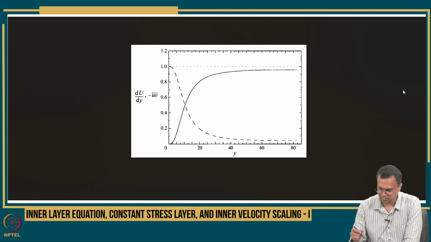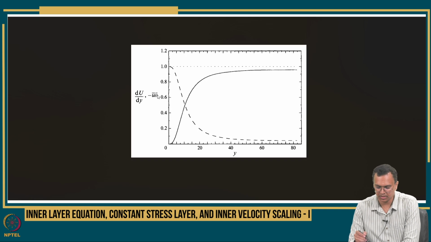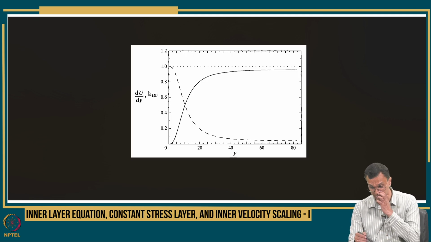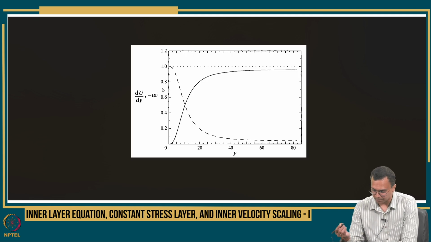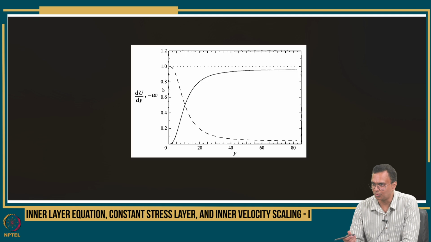I am plotting here minus u prime v prime, the prime is dropped here. Basically this is the uv mean without the prime that I have plotted. So minus u prime v prime over bar is your turbulent shear stress, and the other one is mu dU dy, where capital U is the mean velocity. So which one is which, you don't know.